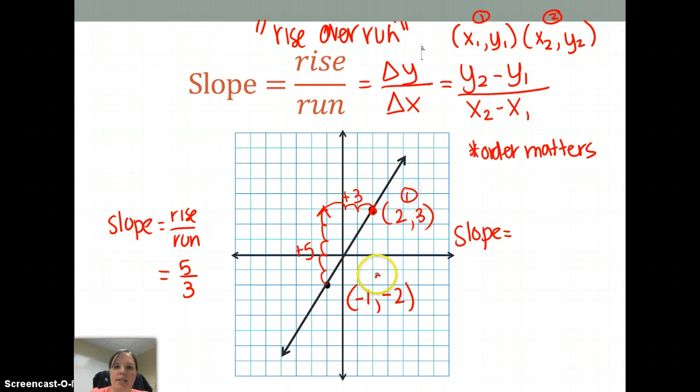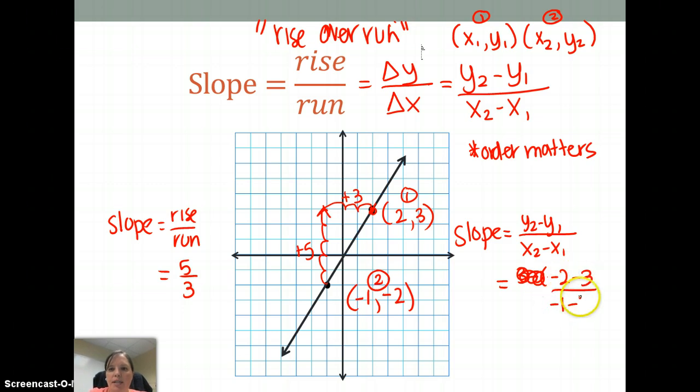If I calculate the slope as y2 minus y1 over x2 minus x1, we get negative 2 minus 3 over negative 1 minus 2, which is negative 5 over negative 3. 2 negatives make a positive, so it's still 5 over 3. Either way, you still get the same answer.